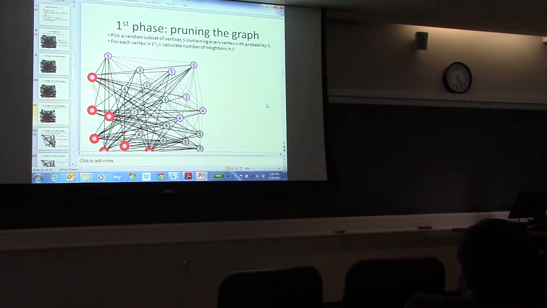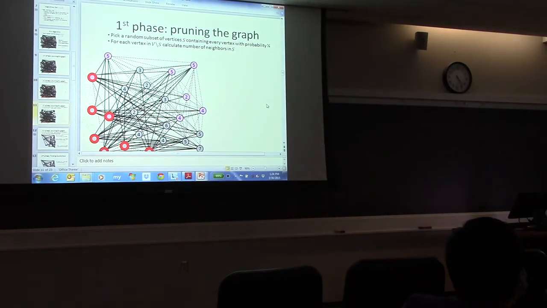So these are these numbers. This vertex here has 2 neighbors in the red part. This vertex here has 4 neighbors in the red part, and so on. Now the red part is random, so of course it will contain some vertices from the hidden clique and mostly vertices from outside. Okay, so that's the first phase.